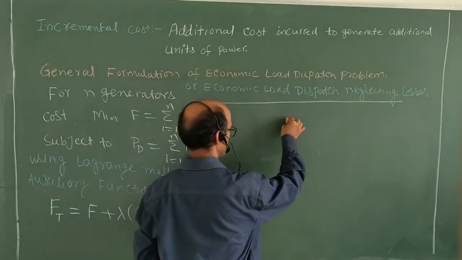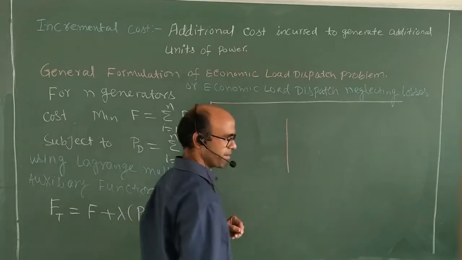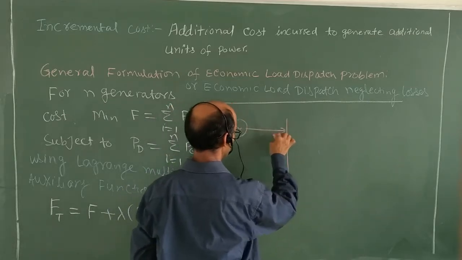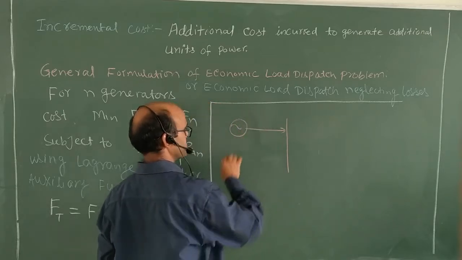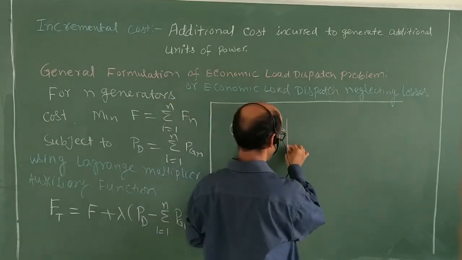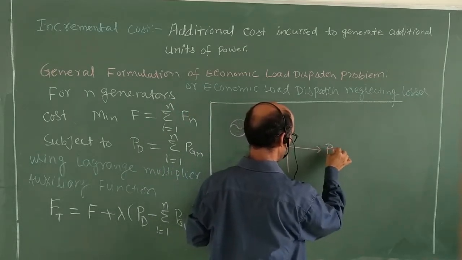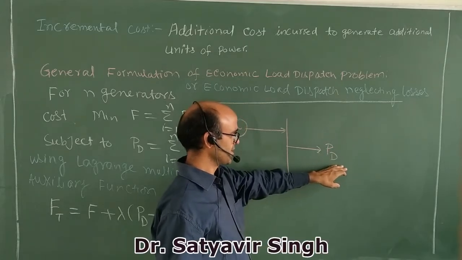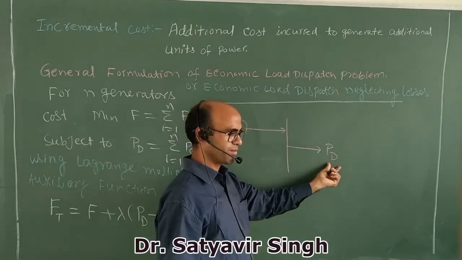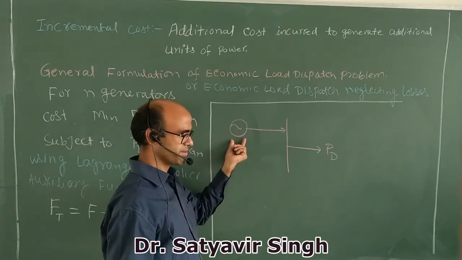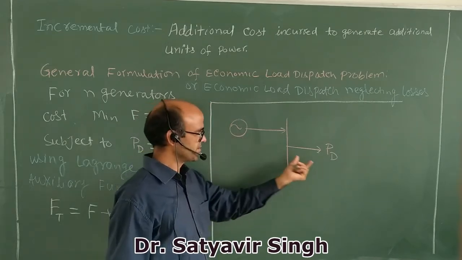Suppose you have a generating station whose capacity is 5 megawatt. If the demand right now is 2 megawatt, you can generate 2 megawatt from this plant to satisfy the load demand.